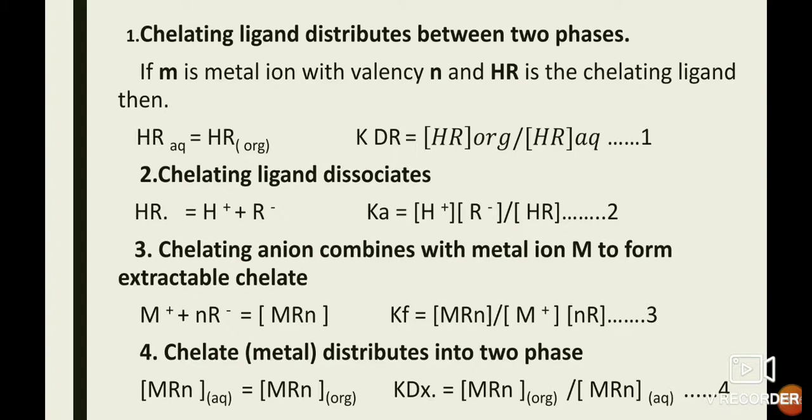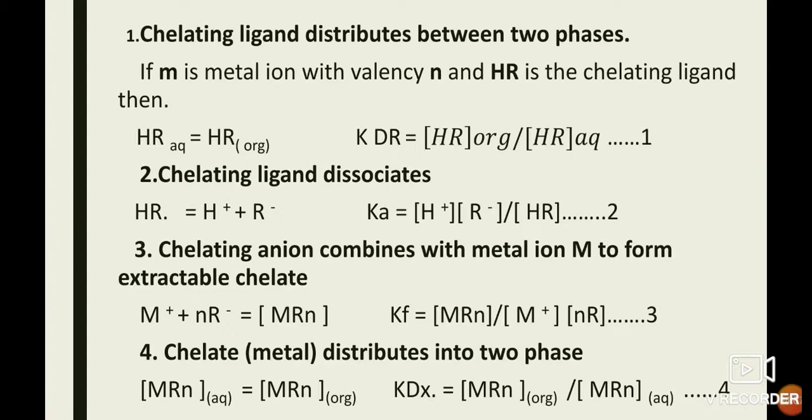The distribution coefficient constant between the two phases, symbol KDR, is equal to the concentration of HR in the organic phase divided by the concentration of HR in the aqueous phase. Equation number 1.